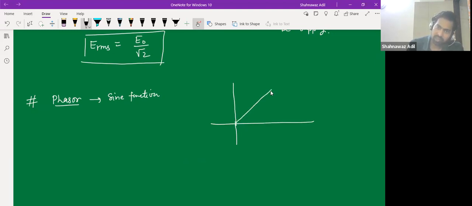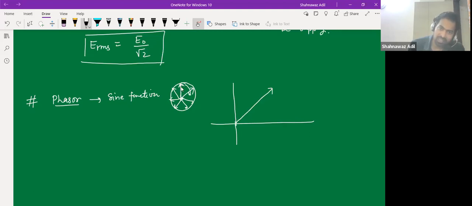Let's say we have this clock, and I gave the example of the second needle. The second needle is like this, and it is changing its angle. This is a rotating needle, the second dial.